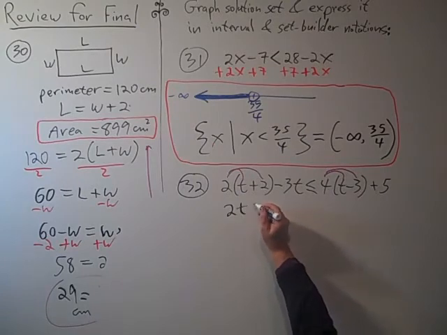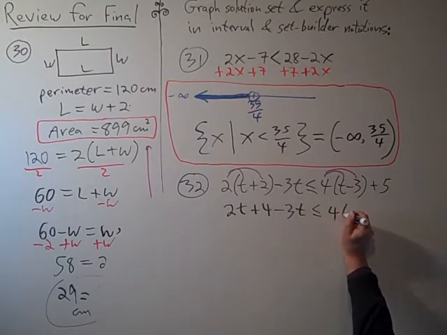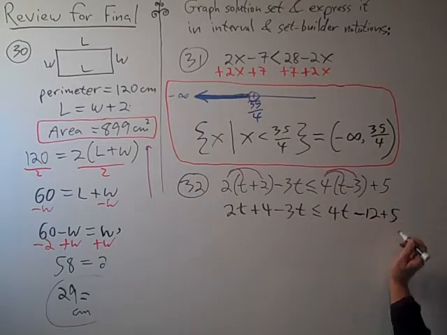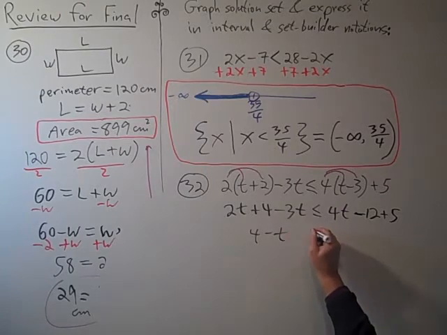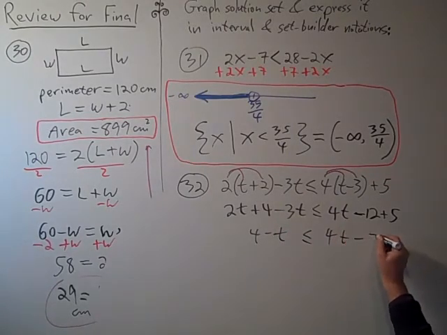So 2t plus 4 minus 3t is less than or equal to 4t minus 12 plus 5. And 2t minus 3t is negative t, so this is 4 minus t less than or equal to 4t minus 7. And now let's add t to both sides.